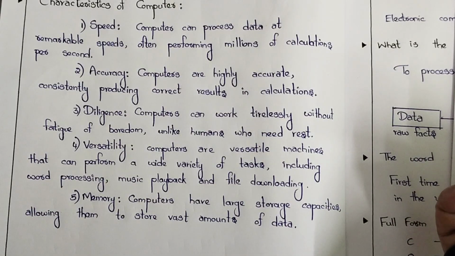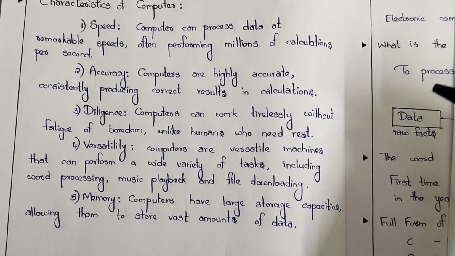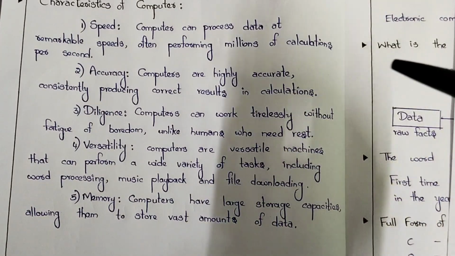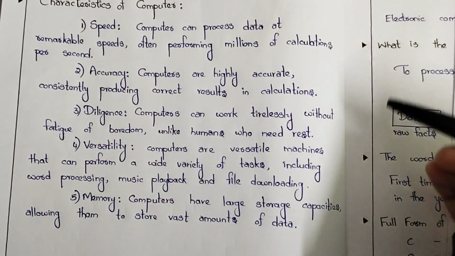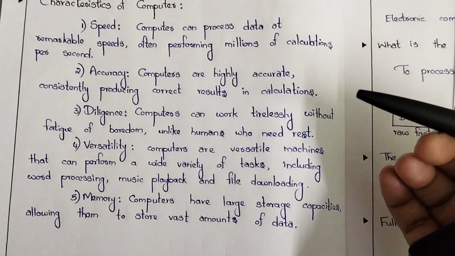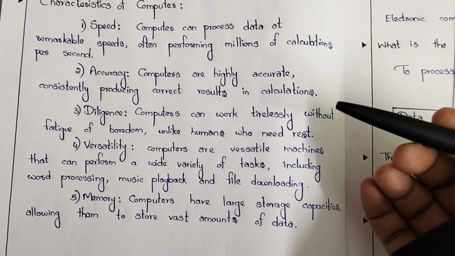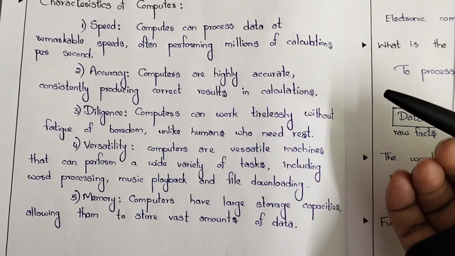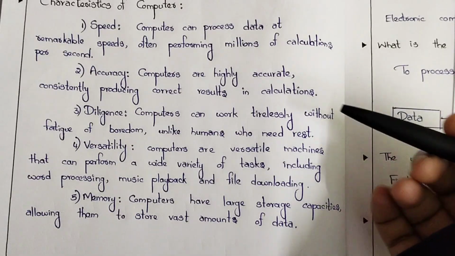It will answer you 10. So you can rely on a computer because it will give you an accurate answer. But there is a problem in this. We will talk about it later. There is a problem called GIGO. It means garbage in, garbage out. We will talk about it later.